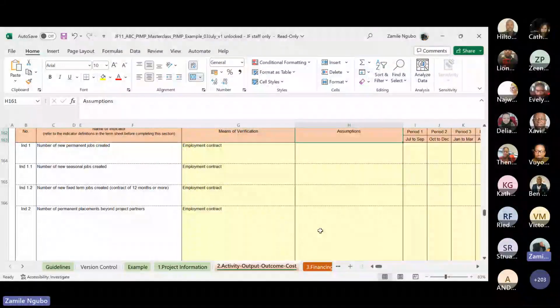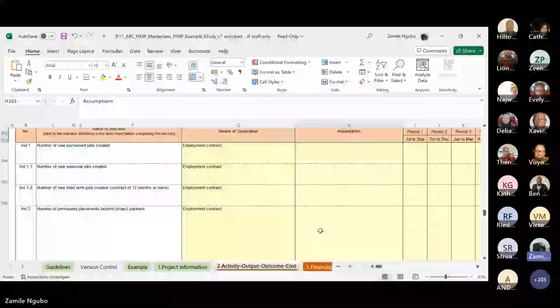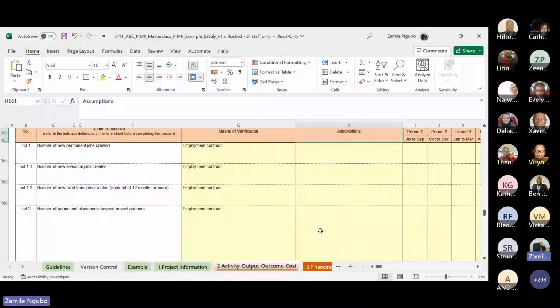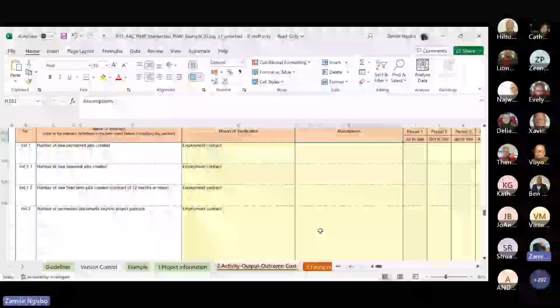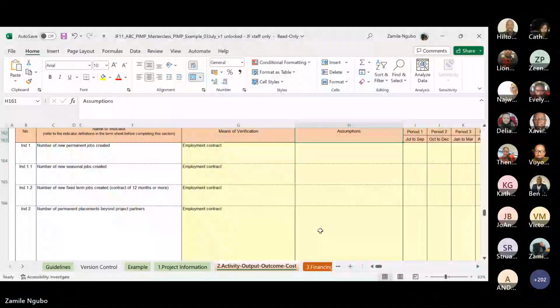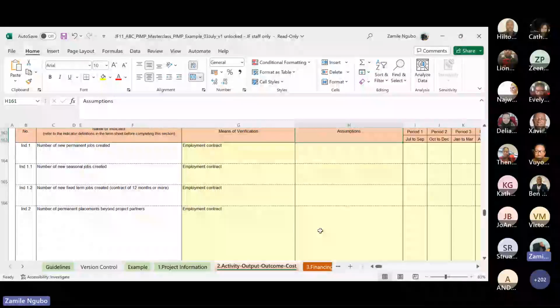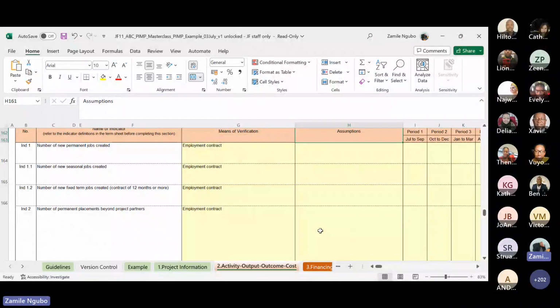Then the means of verification. In the Jobs Fund, we have a standard means of verification when it comes to job creation, so we make use of employment contracts. In the example, we were told that there will be 3 fixed-term positions created, 18 to 24 month contract positions.